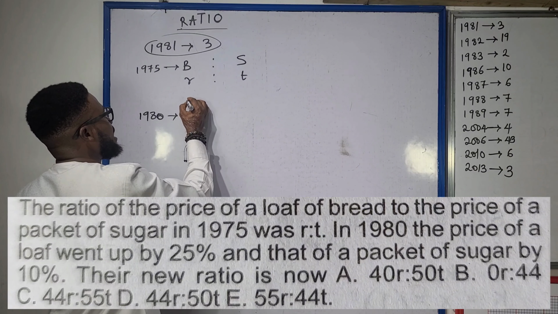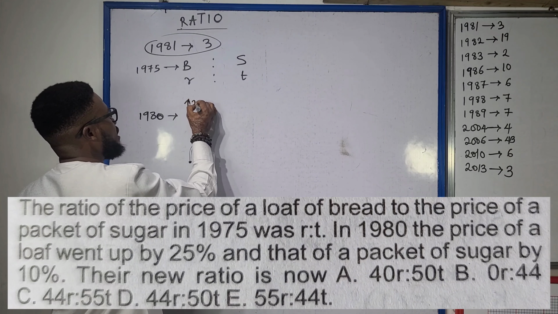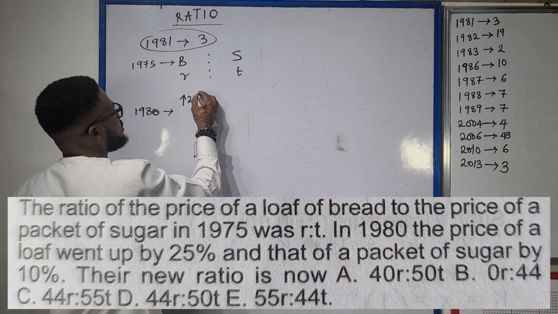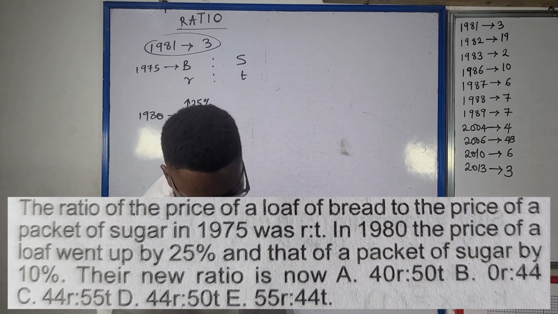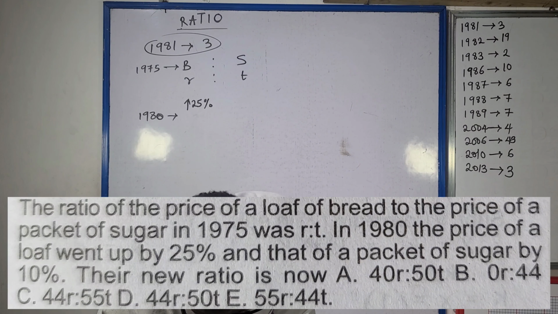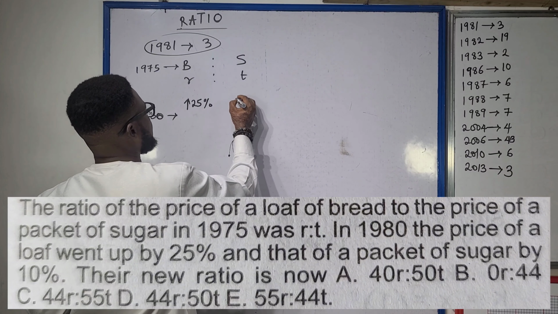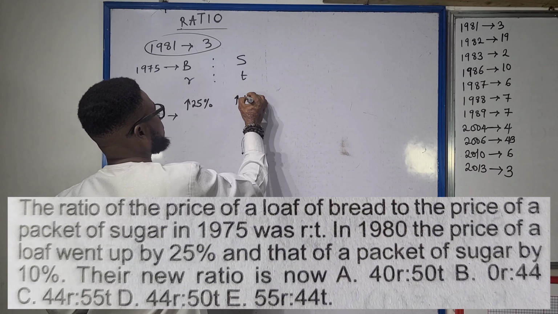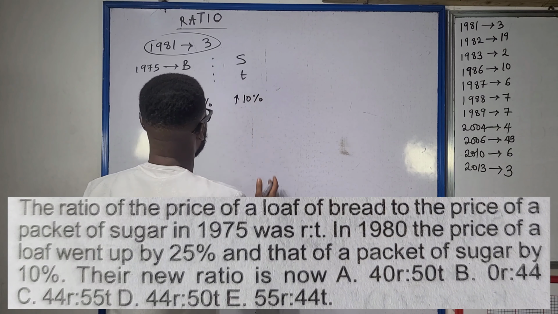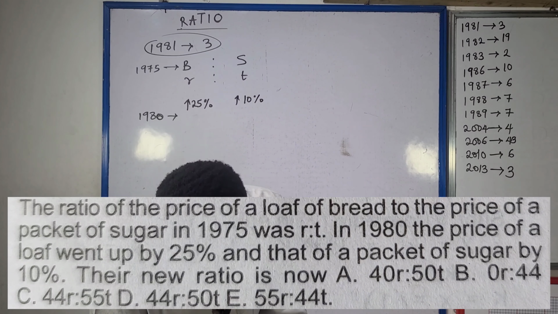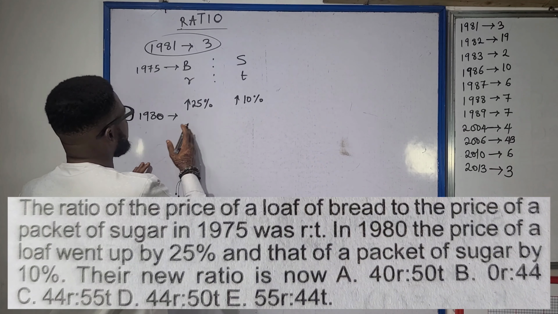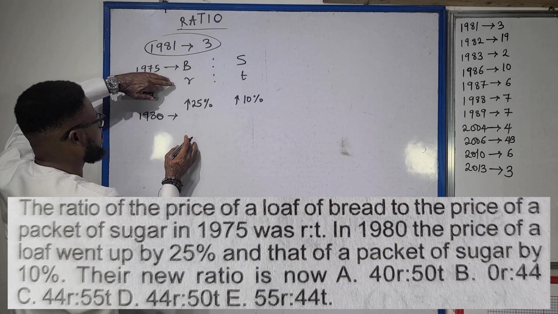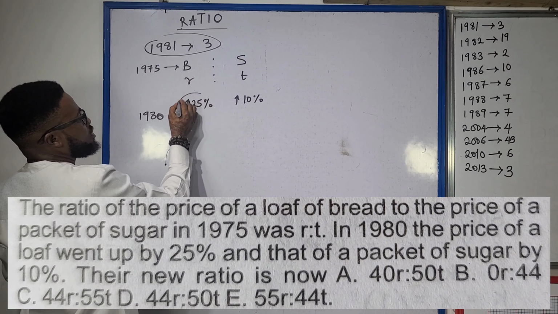There is an increase of 25% for the loaf of bread, and an increase of 10% for the sugar. What will now be, the question says their new ratio is what? So we need to quickly work this out. Bread was R before, so I am to increase R by 25%.